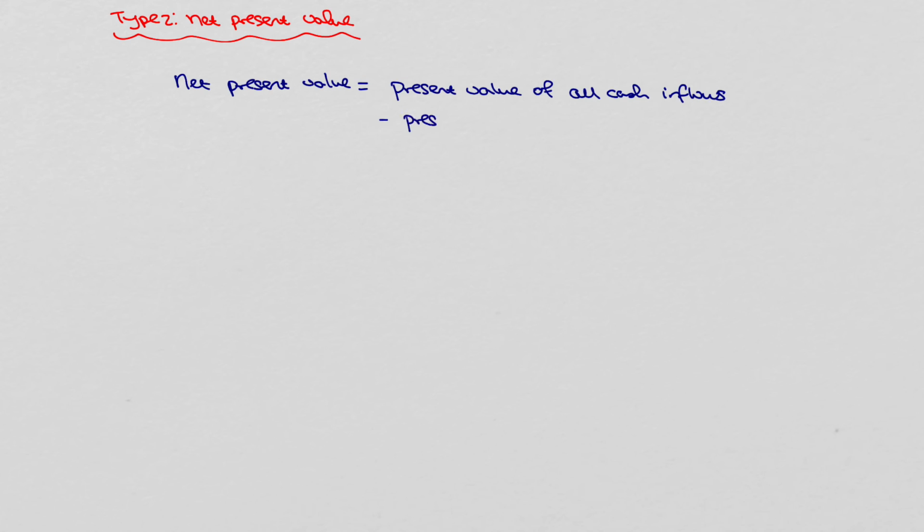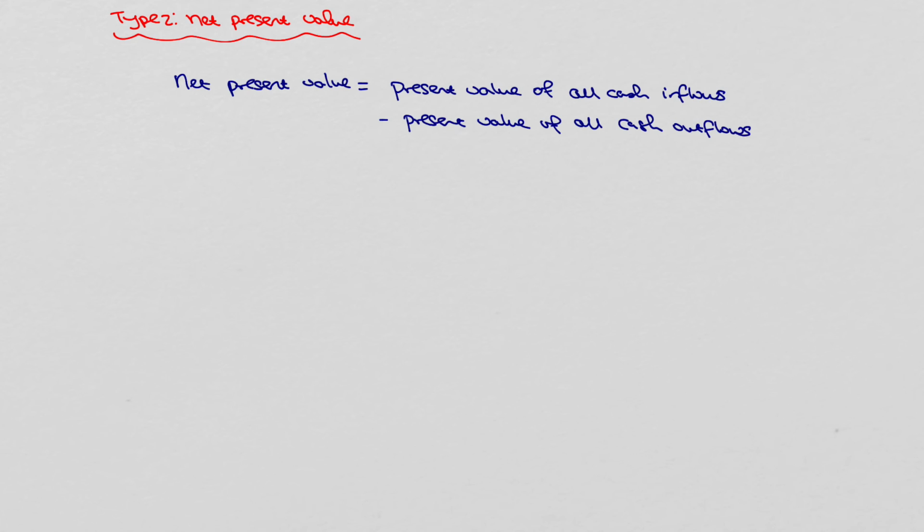So if we're looking at net present value, essentially what we're looking at is the present value of all cash inflows minus the present value of all cash outflows.